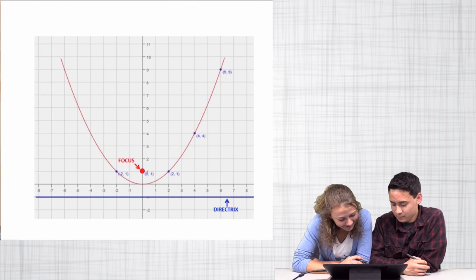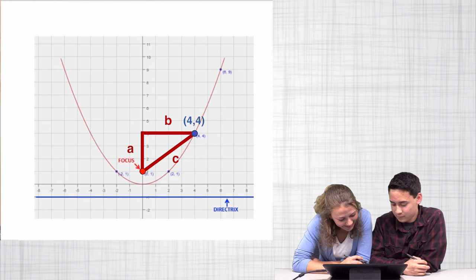Sasha and Keoni made use of the Pythagorean theorem to find the distance from the point (4, 4) to the focus. First, they identified a triangle with a right angle. The Pythagorean theorem relates the sides of a right triangle. The length of the hypotenuse is often represented by the letter c. The lengths of the other two sides are represented with the letters a and b.